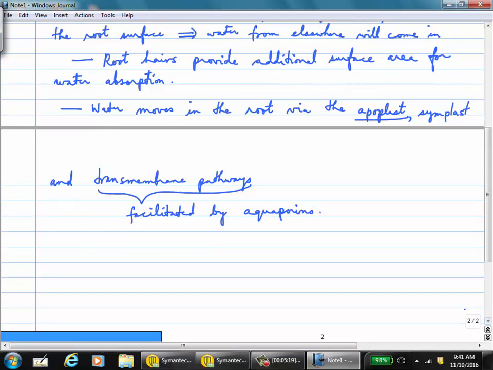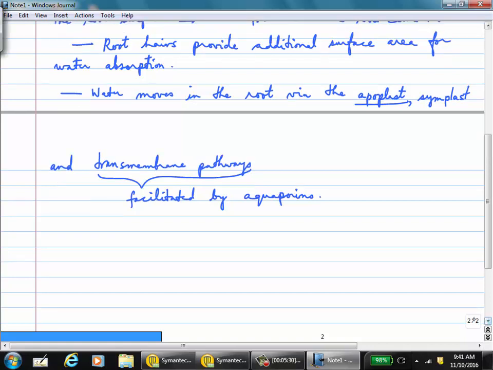Now today, I want to talk about how water is transported, let's say from the roots to the leaves. How does that happen? That takes place through what is called the xylem. So we are going to talk now about water transport through the xylem, and there is one thing in particular that I want to point out.